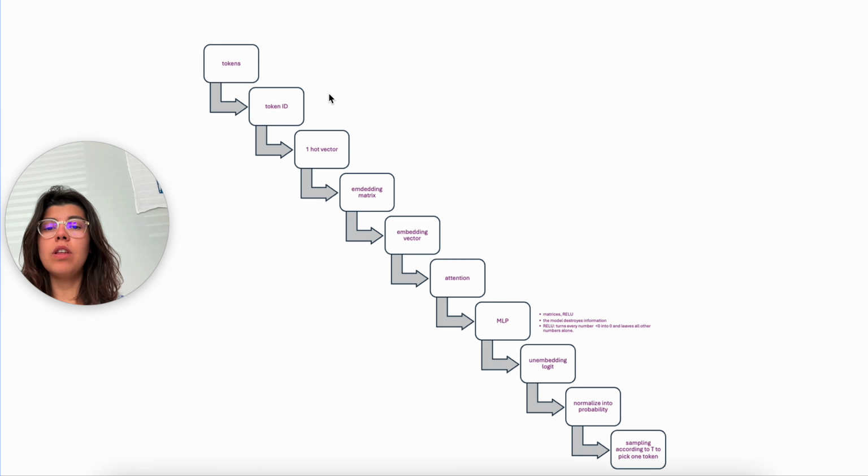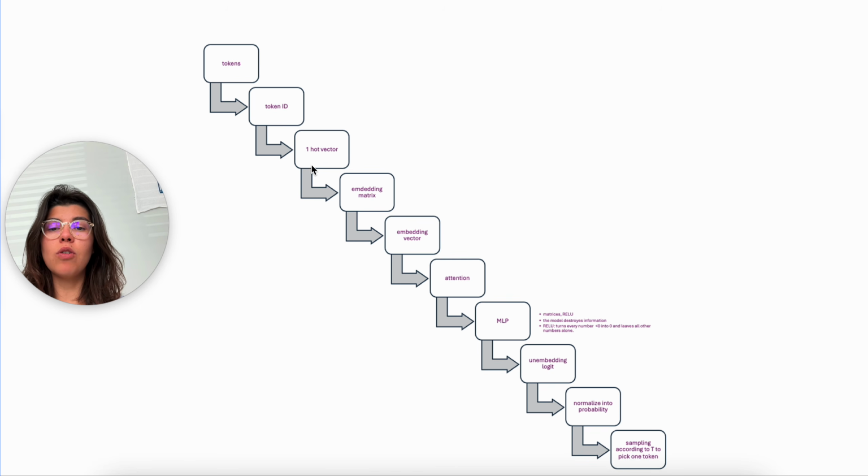And so the token will become a one hot vector. We don't have to dive deeply into the linear algebra of this, but just make a note that that's a mathematical concept, one hot vector. You may know what a vector is from math or physics courses.